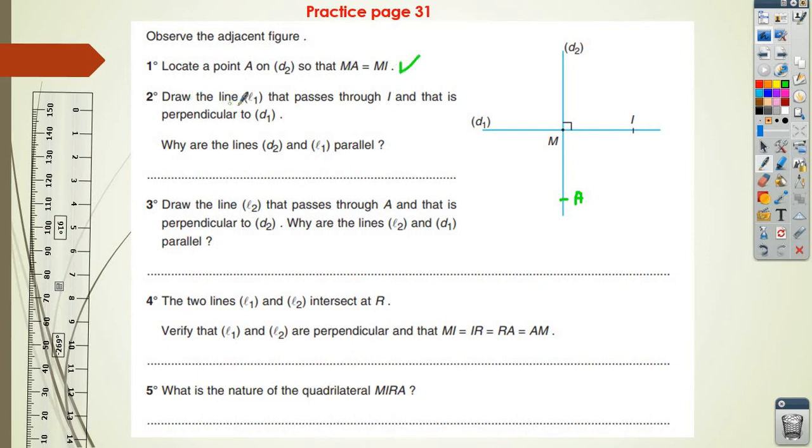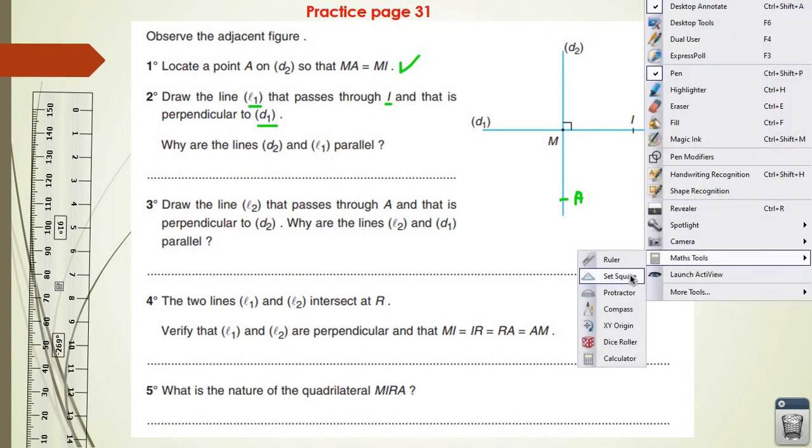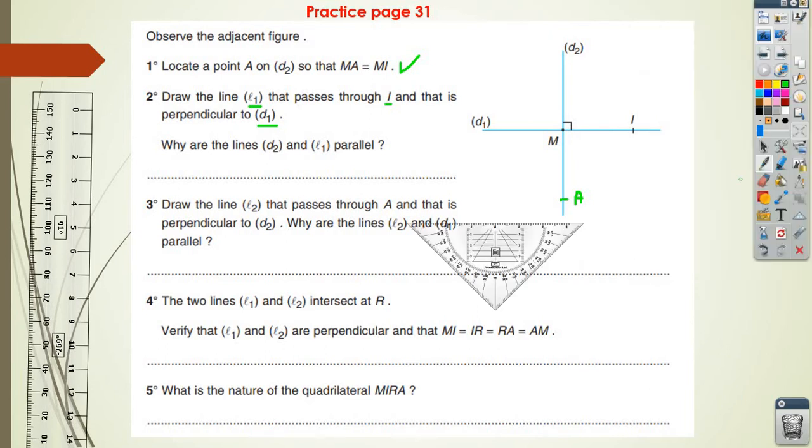Second one, draw the line L1 that passes through I and is perpendicular to D1. So we have to draw a perpendicular to a line from a point. We need a set square to draw the perpendicular line.